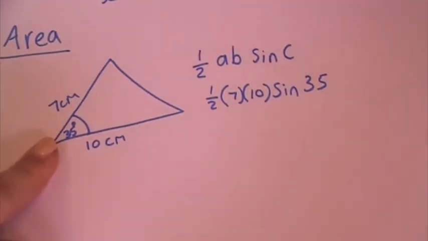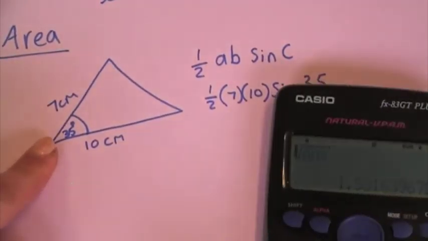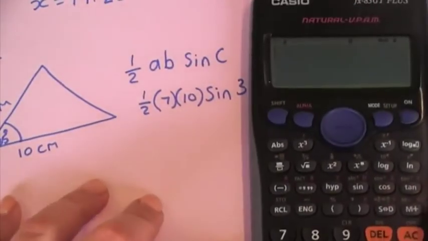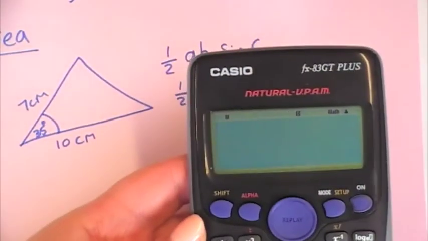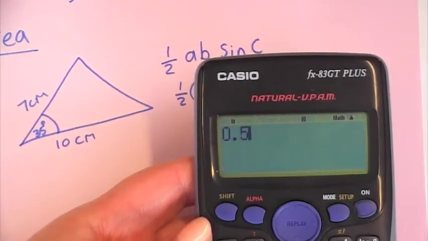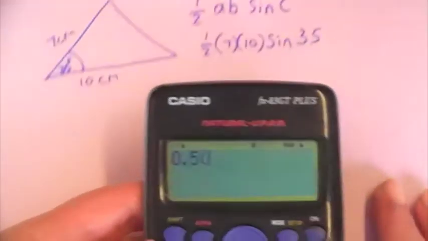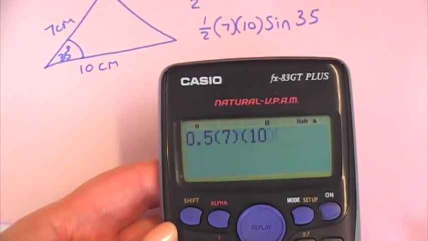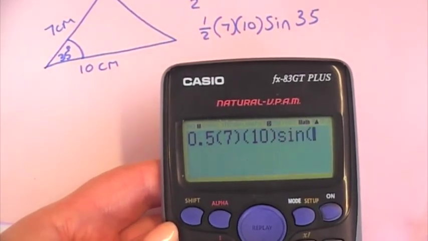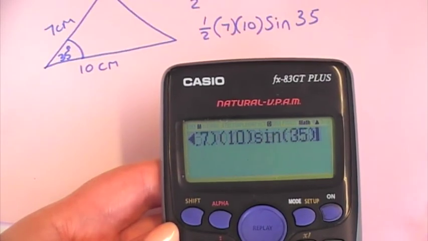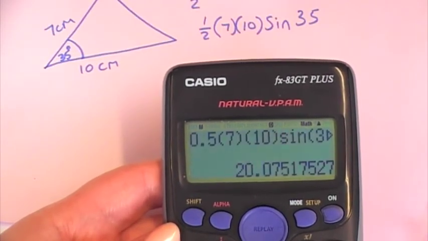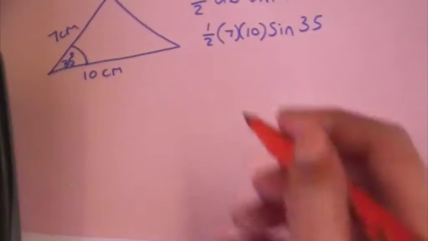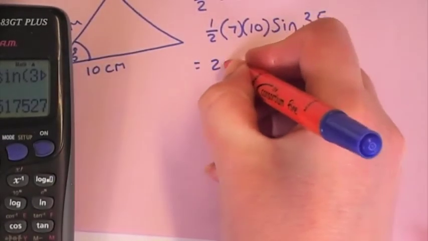So let's go to the calculator and type in half. I'm not going to put half, I'm going to put 0.5. It's just the kind of rebel that I am, because I know 0.5 is half. So I'm going to do half, open bracket, 7 times 10, in brackets of course, because I'm substituting, sine 35, close that off, equals 20.0751.